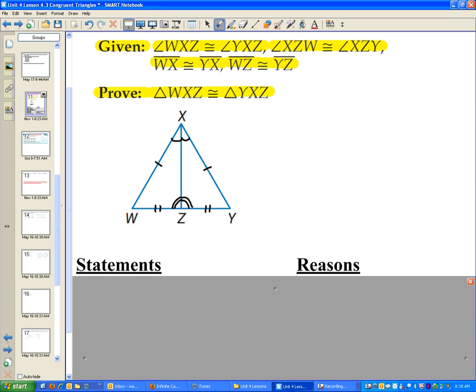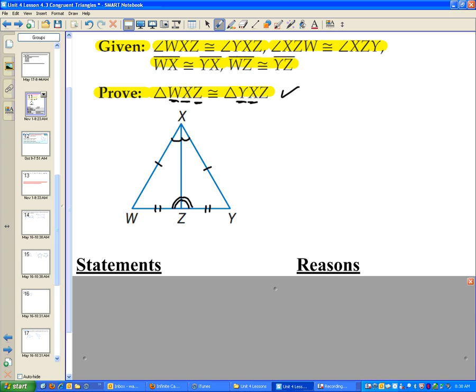Remember something else. It's corresponding parts. So by looking at what I'm supposed to prove, remember how that congruent statement, that's called a congruent statement, tells you what corresponds to what? So I can tell by the congruent statement I'm supposed to prove that angle W corresponds to angle Y. And the angle X in the triangle on the left corresponds to the angle X in the triangle on the right.